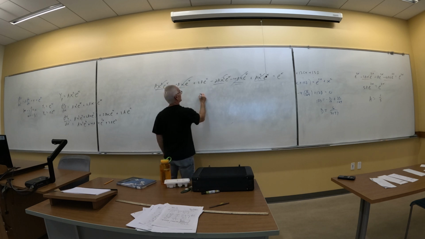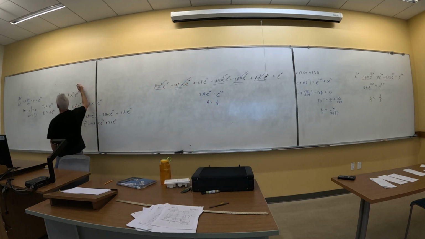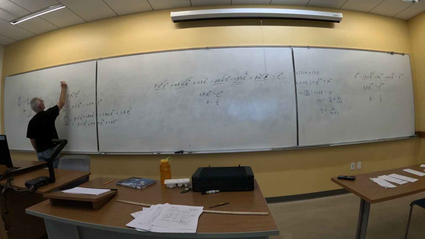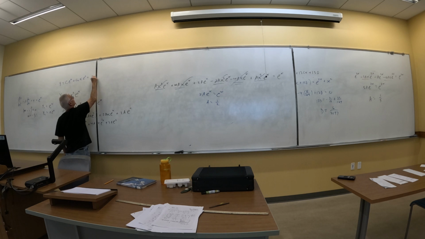And what am I left with? 2a e to the x equals e to the x, so a equals 1/2. So my final answer here is y equals c1 e to the x plus c2 x e to the x plus 1/2 x squared e to the x.